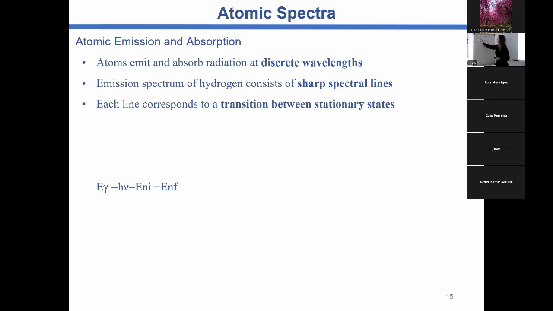So for example, here I have one photon with energy, and the energy to have this electron transition to the final state must have the same energy as this transition.